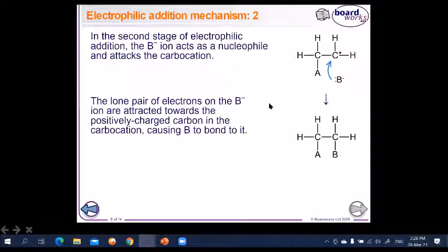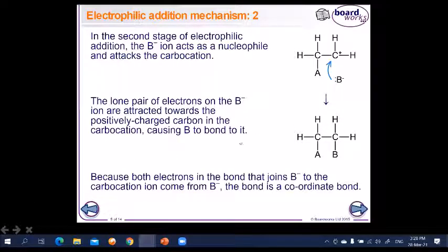The lone pair of electrons on the B minus ion are attracted towards the positively charged carbon in the carbocation, and then B will, of course, bond to that carbon, okay? So both electrons in the bond that joins the B to the carbocation come from the B. So that's like a coordinate bond, right? You could technically have drawn an arrow from B to C, since the B was the one really donating the electrons to that carbon.